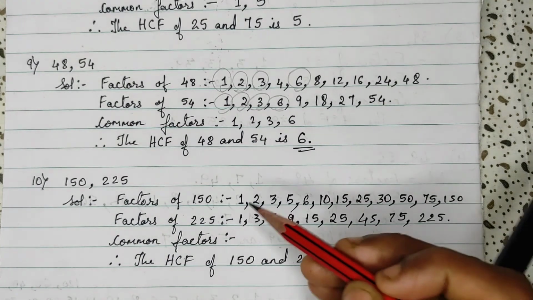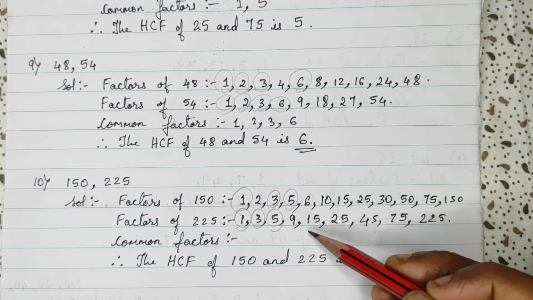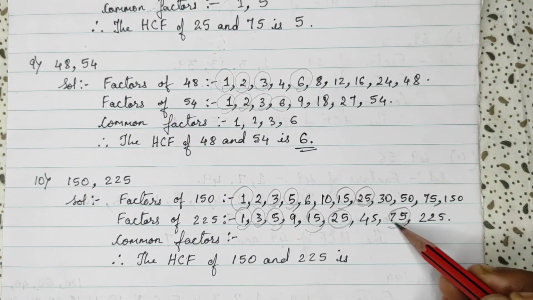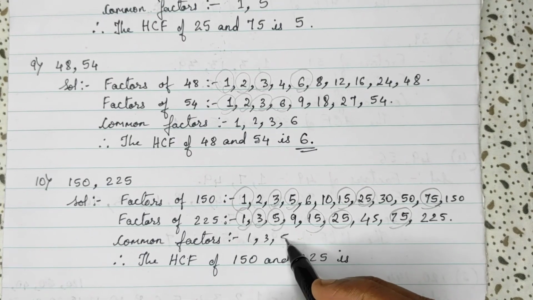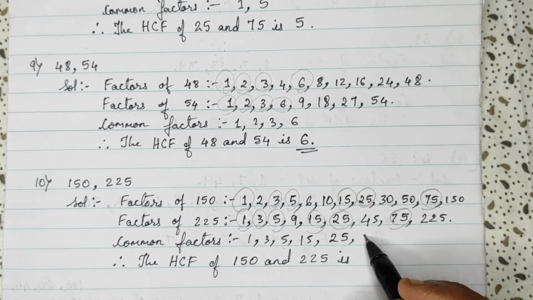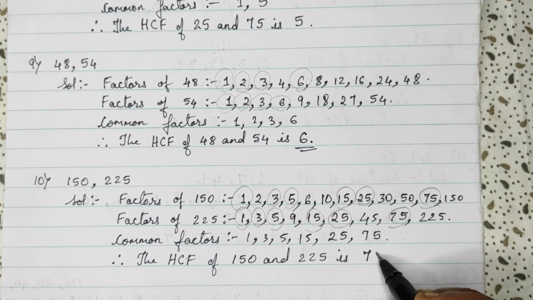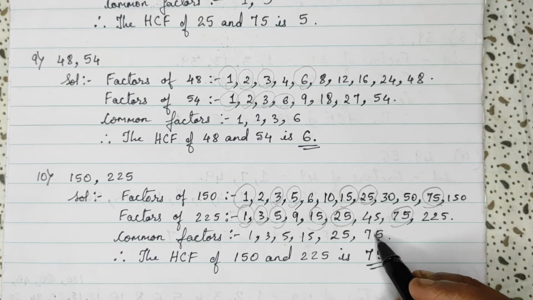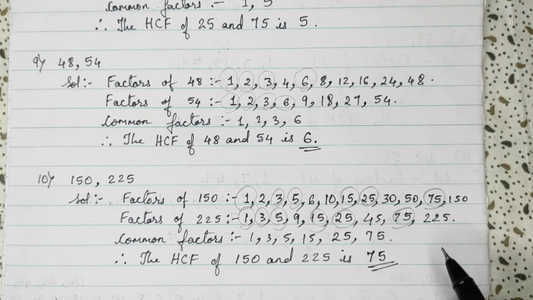So common factors 1, 3, 5, 15, 25 and 75. So the highest common factor is 75. So HCF of 150 and 225 is 75.